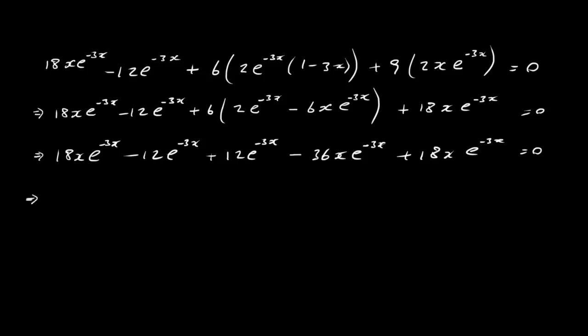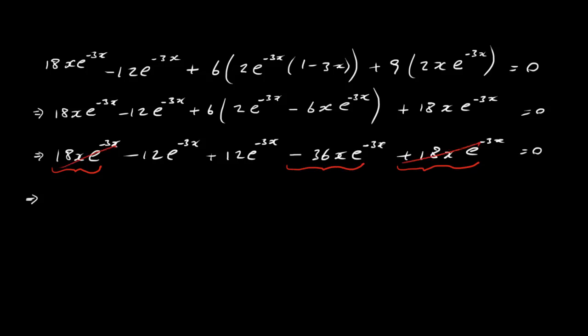Okay, let's see, do these things cancel out here? Well, let's see, we have 18x e to the power of minus 3x here. We have minus 36 here, and we have another plus 18x e to the power of minus 3x here. So the 18 and the 18 will give me plus 36, and here I'll have the minus 36x e to the power of minus 3x.